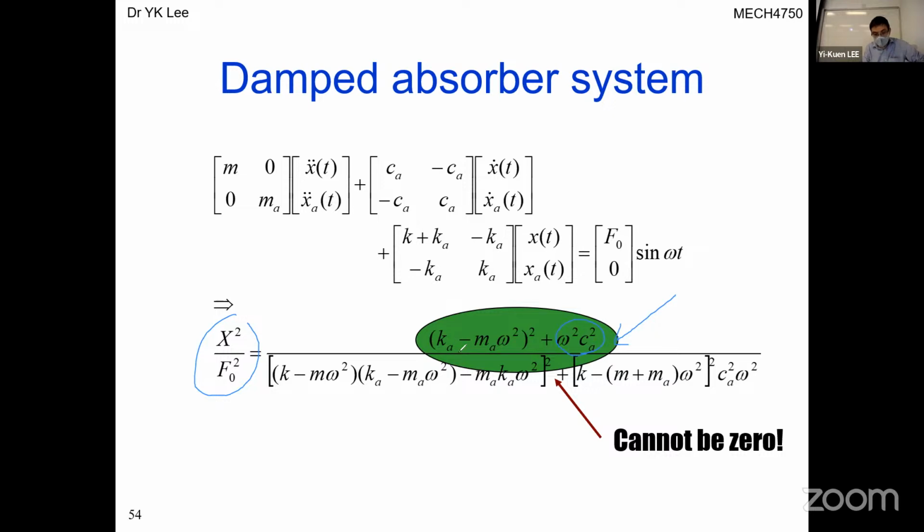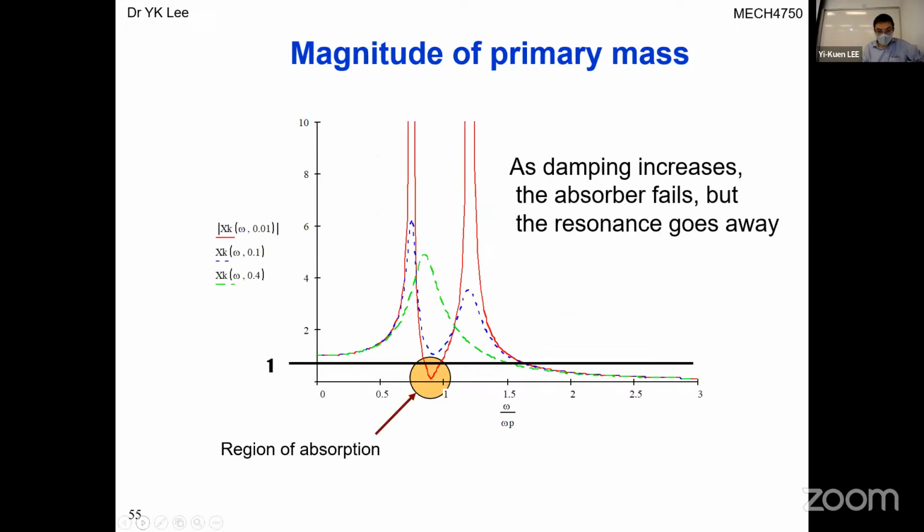So in this case we can never make it zero, but we still can reduce the vibration with this kind of damped absorber design. This is the normalized frequency response function for the damped vibration absorber.